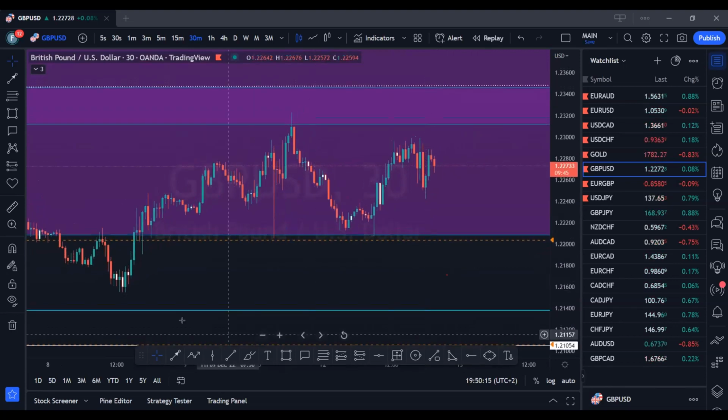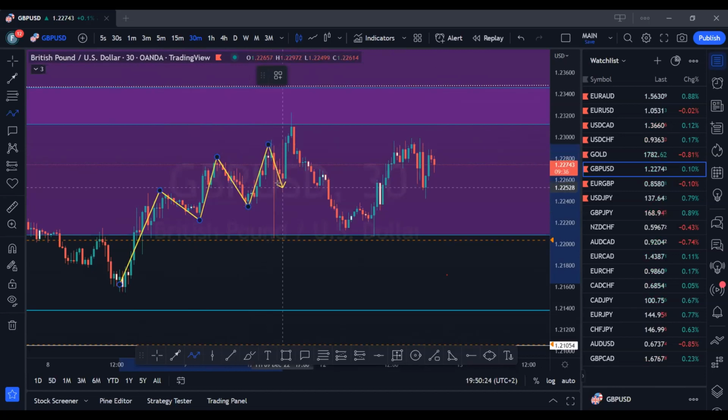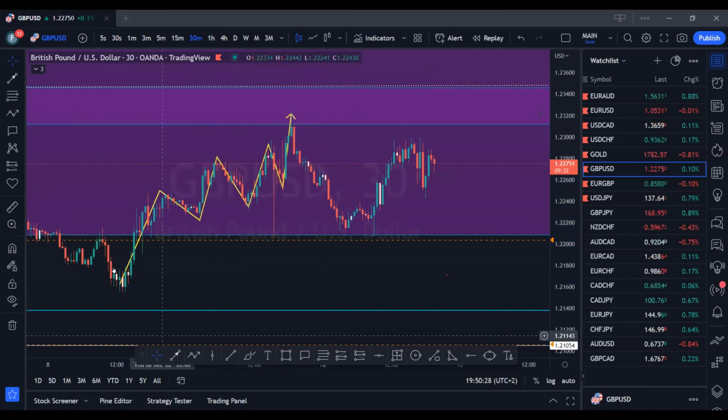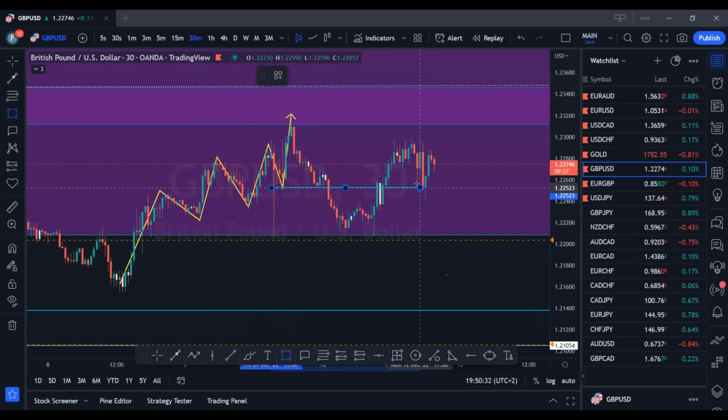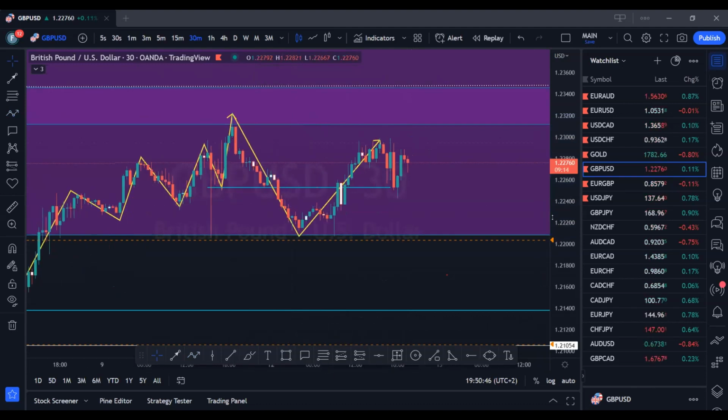So let's highlight the structure: impulse, correction, impulse, correction, impulse. This right here is the higher low, and the higher low got violated with this impulse move, and then we can see price retracing to this zone here.